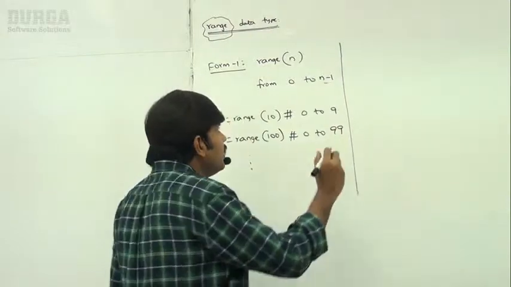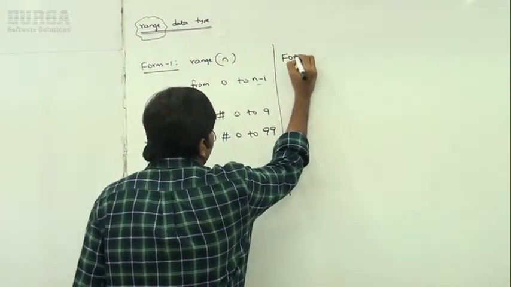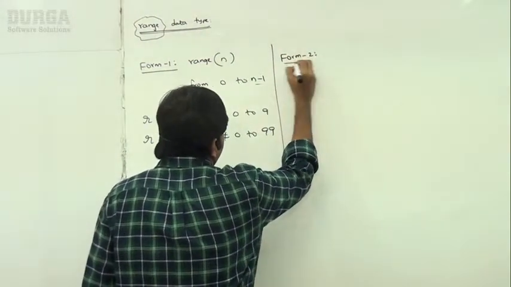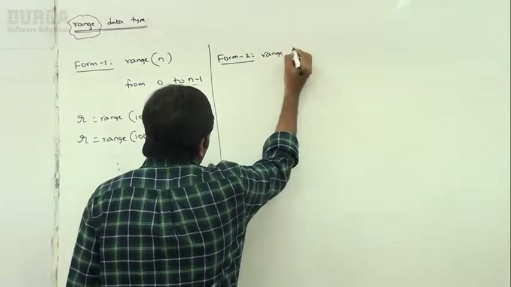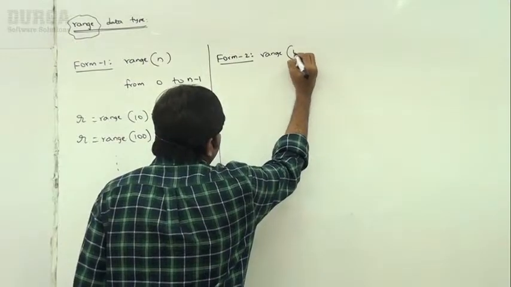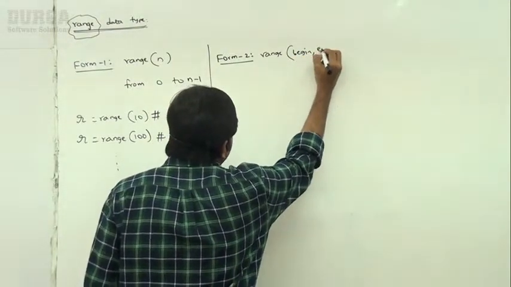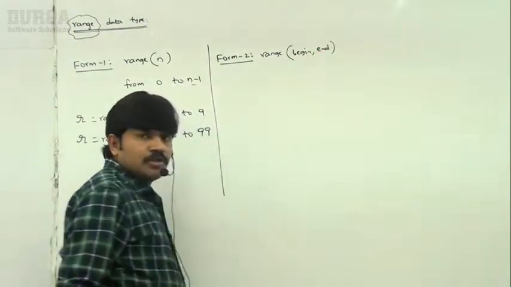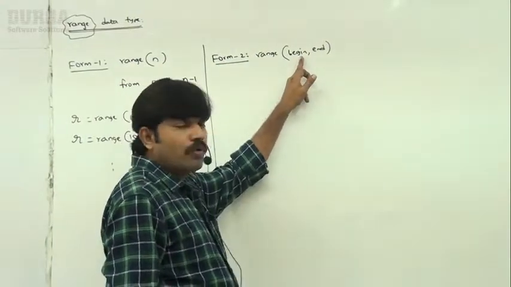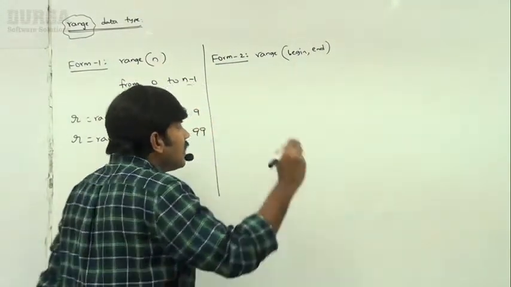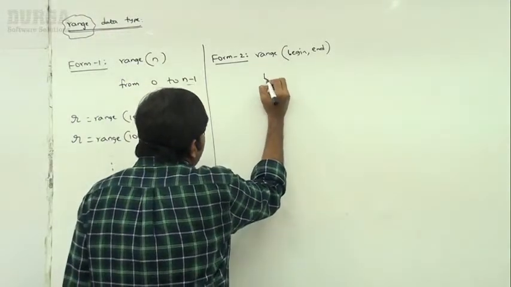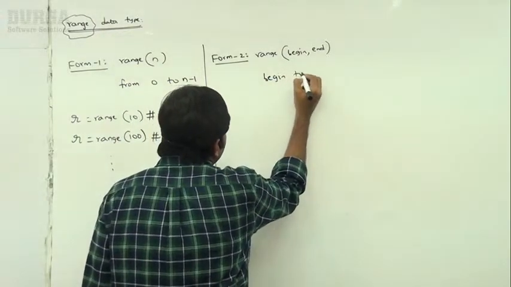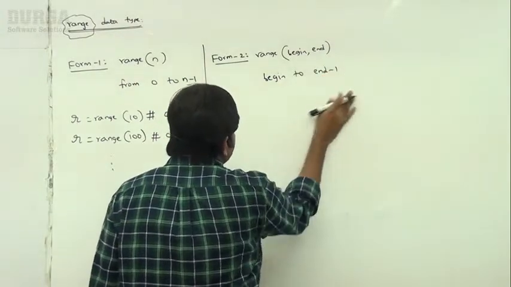How can you do that? That is form 2. Range of begin comma end: you have to specify the begin number and the end number you want. It represents a sequence of numbers from begin to end minus 1.